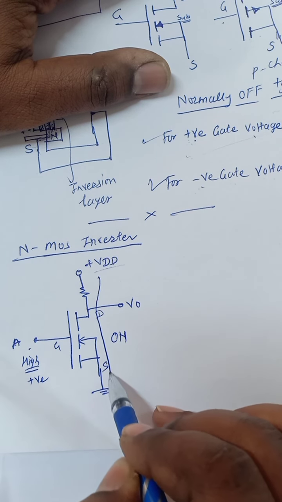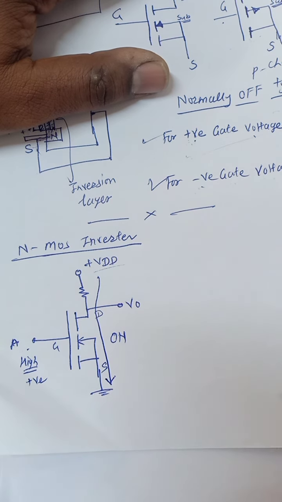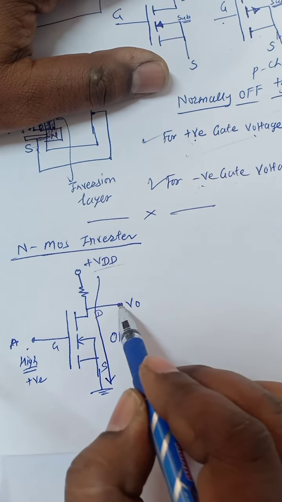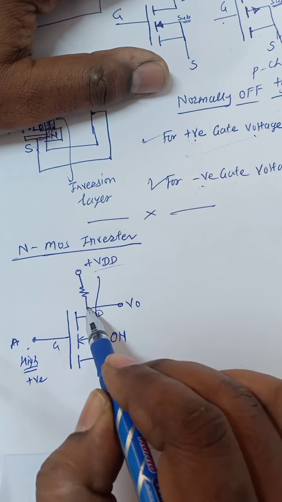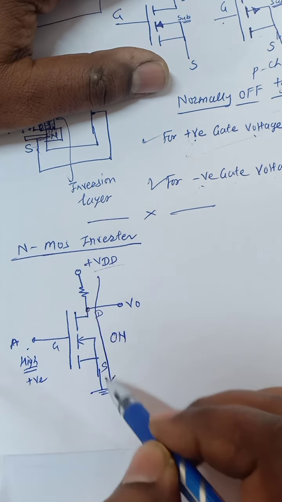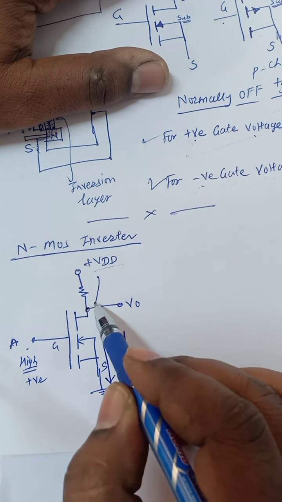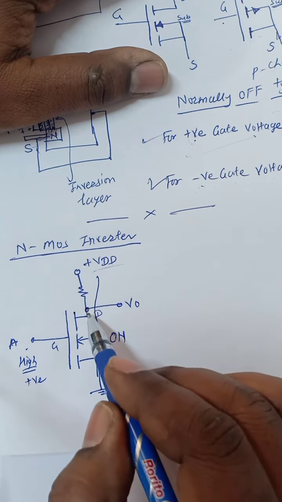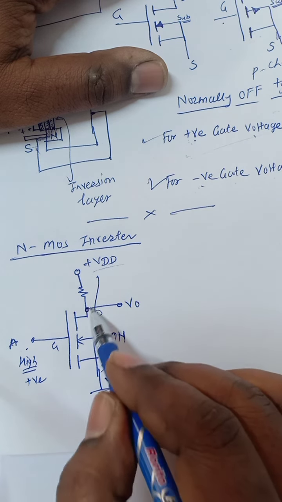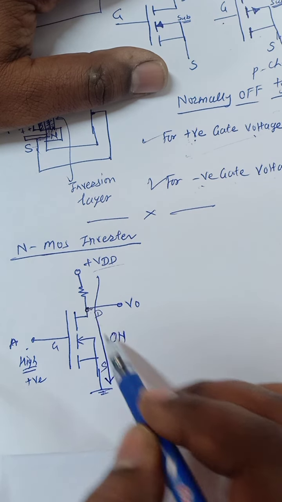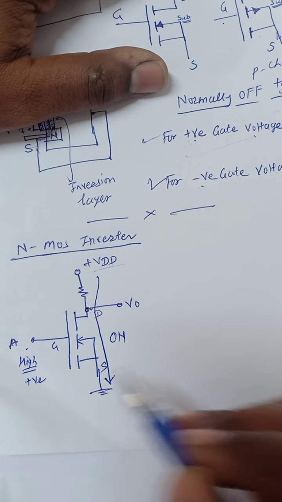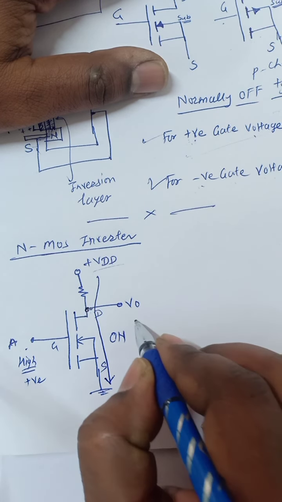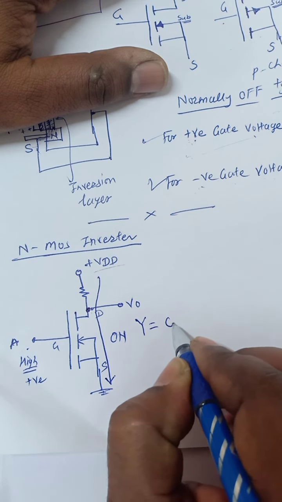Current flows through the MOSFET transistor, and as current flows through it, you get a low voltage, because the drain voltage becomes nearly equal to 0, as it offers very low resistance. Very low resistance means there is a low potential drop across the transistor, so drain voltage becomes nearly equal to the source voltage. So you will get VO, that is Y output, as 0 now.